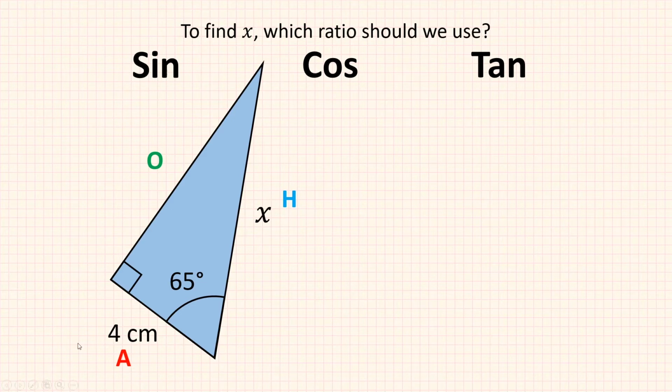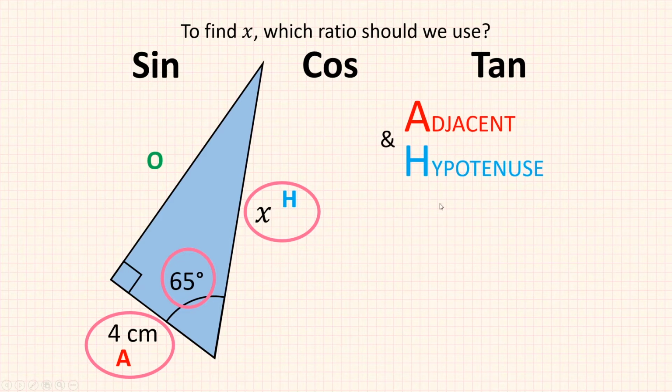So let's have a look at the information I have. I have the adjacent, I have the angle, and I want the hypotenuse. Now the opposite, I don't care about. That information is not required because I have the required information to find the hypotenuse. So I've got the adjacent and the hypotenuse.